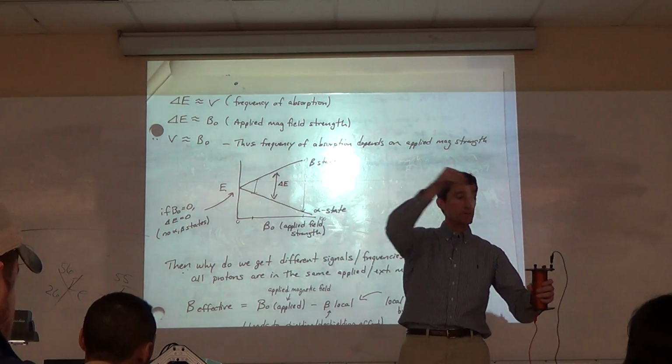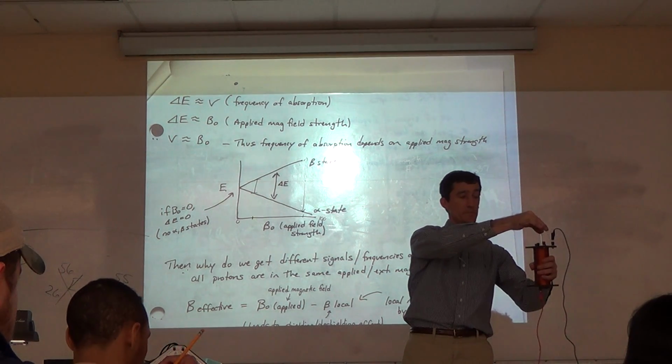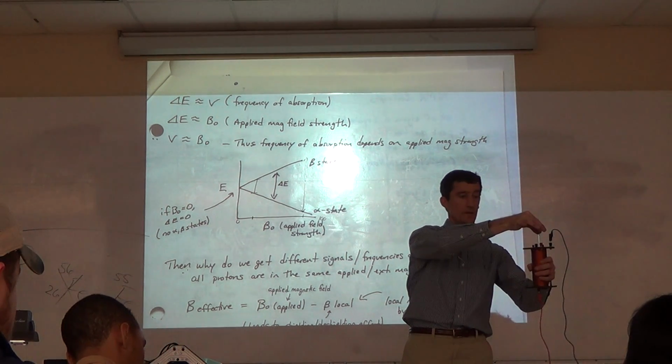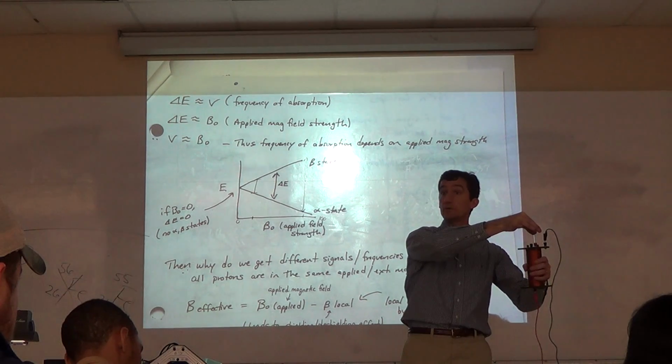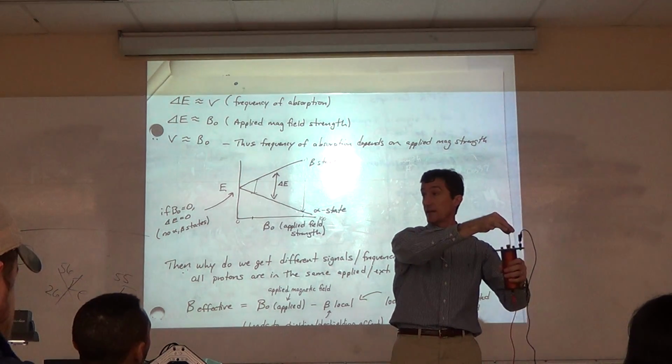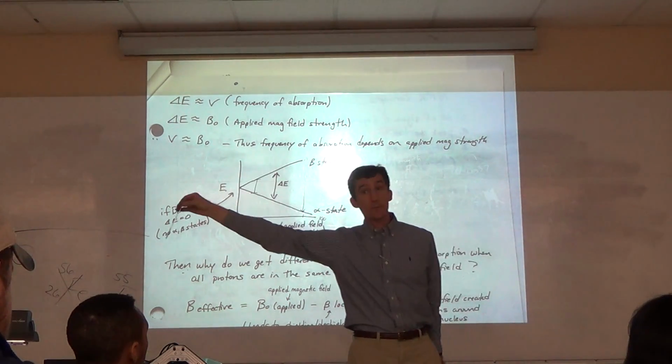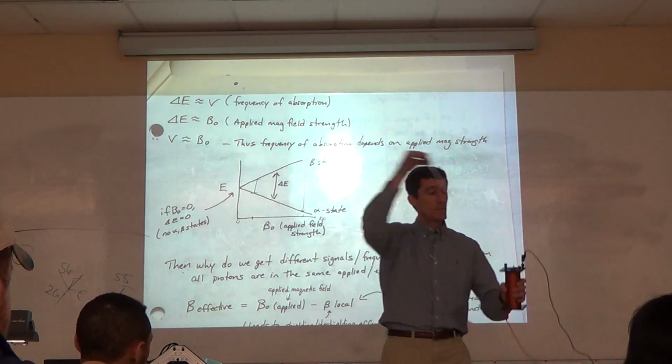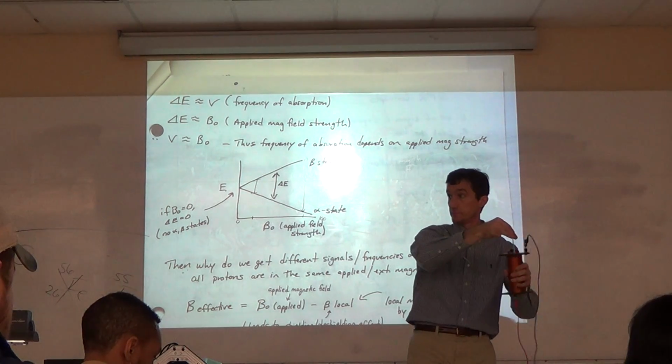Then you put your sample in here, and there's a way to keep it there. Once you put it in, what do you establish? The two different states, the alpha and beta. Here they're random. Put it in here, boom, they line up.